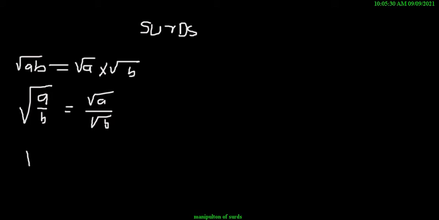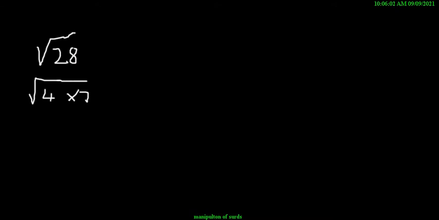So let's try an example. Let's evaluate. One way we can simplify this is by saying, okay, what is 28? Now how can we break it down? 28 is simply 4 times 7.